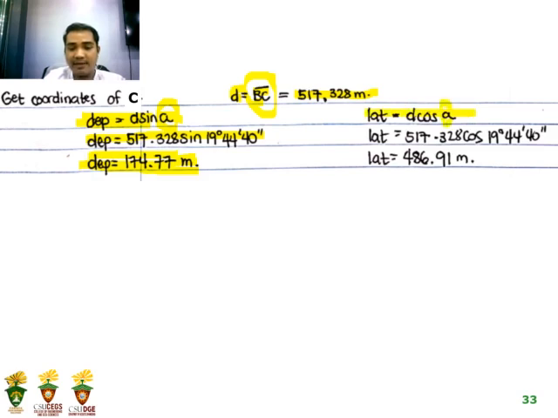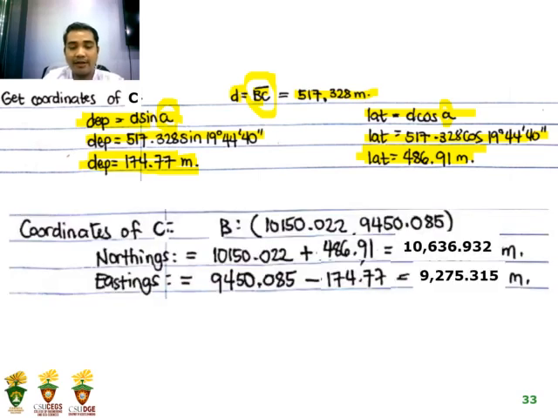Again, alpha is the bearing for side B to C, or station A to C, B to C rather. Substituting the value, latitude is equals to 517.328 cosine 19 degrees 44 minutes and 40 seconds. So we will be having a value of latitude is equals to 486.91 meters.